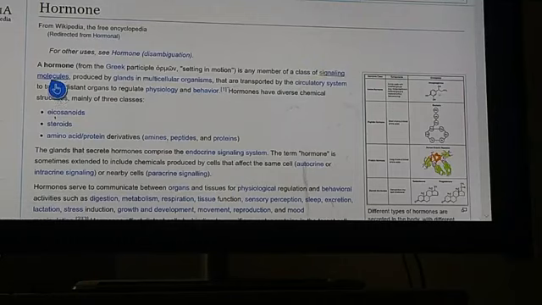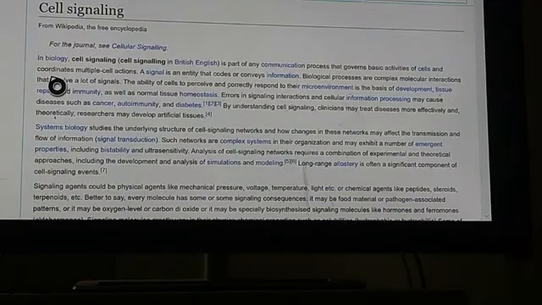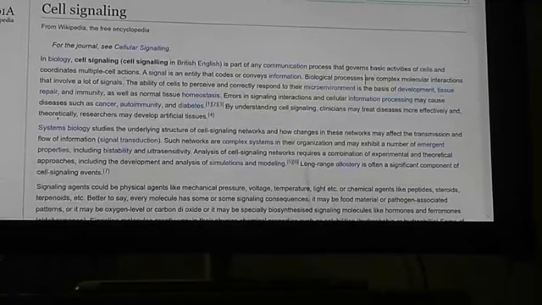Signaling molecules. What are molecules? In biology, cell signaling, part of communication process, communication. Activities of cells.